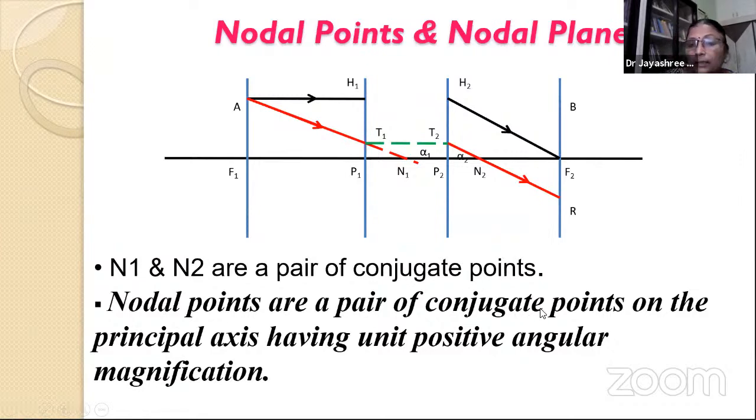And the second thing, dear student, that you have to note is that they have unit positive angular magnification. That's why we come across such a system when considering the nodal points.